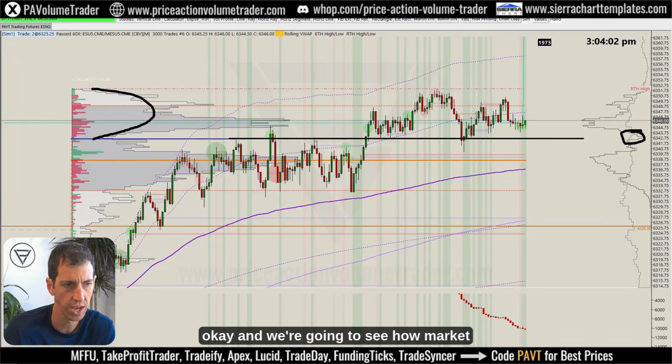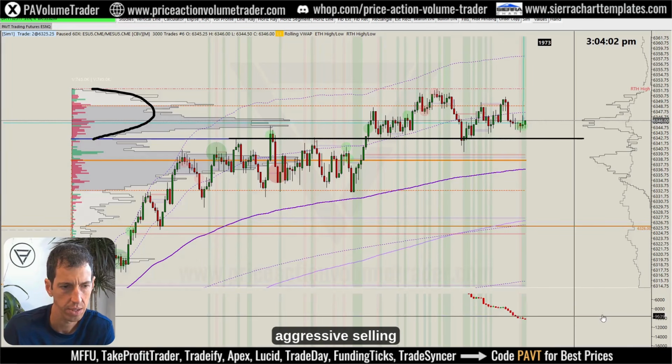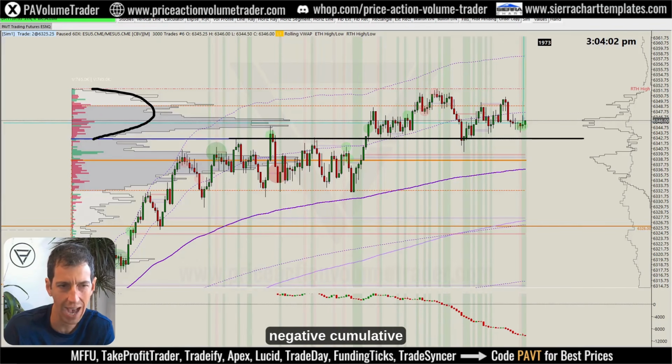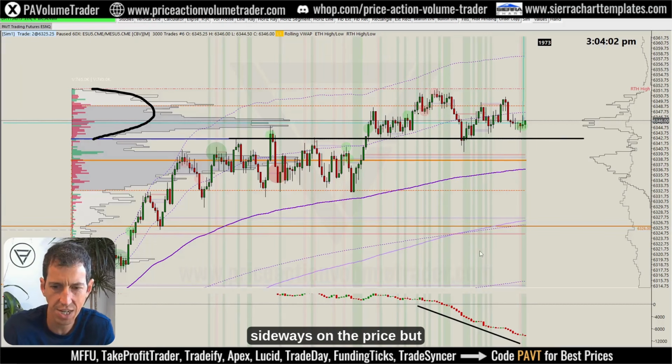We're going to be focusing on the bottom areas of the node here, and we're going to see how market pushes, and yet all this aggressive selling is getting absorbed. Look how negative cumulative delta turned right from this point, and yet market is pretty much sideways on the price, but it is selling aggressively on the cumulative delta.